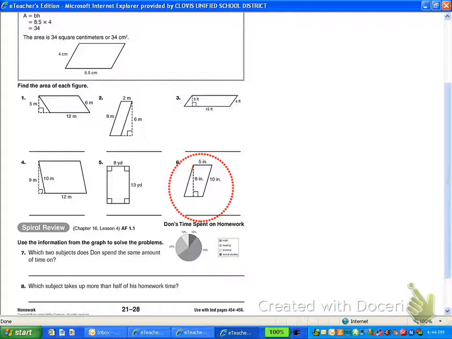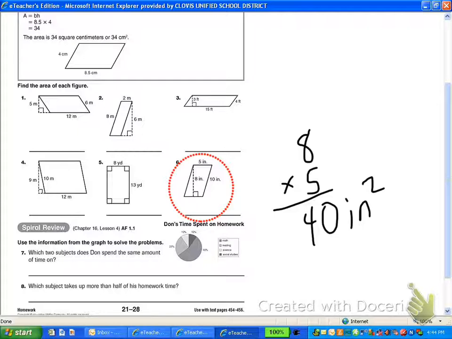And of course our base is the 5. So this is going to be 8 times 5, and the answer is going to be 40 square inches. We don't need to use the 10 because the 10 is just telling us how far it is from here to here. So we're just looking for the height.